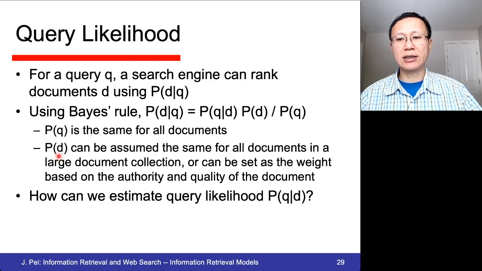Essentially, P(D) is the probability that a user may find document D relevant or useful, given all kinds of queries. Then the question becomes how we can estimate P(Q|D).